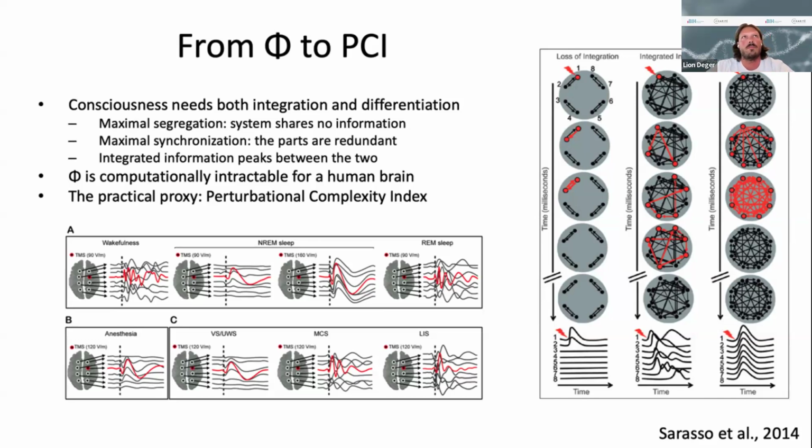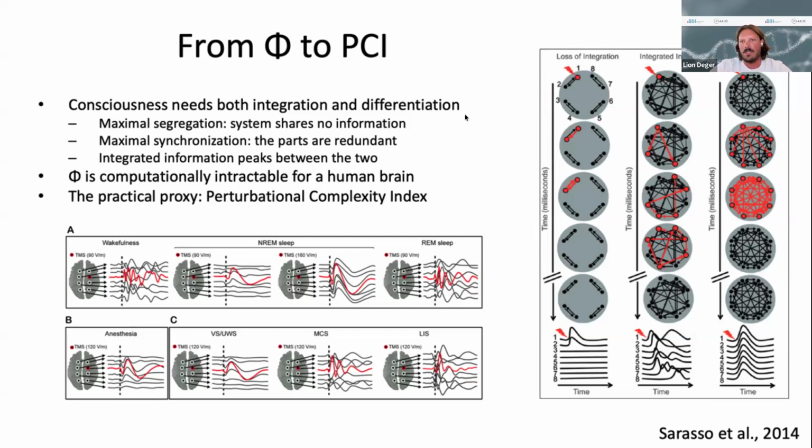And there is this measure, the perturbational complexity index, that was developed by a research group in Milan, that produced a proxy for phi, which is the measure for consciousness according to IIT, which is not practical to compute in reality, let's say.